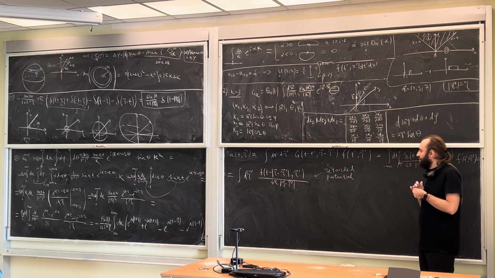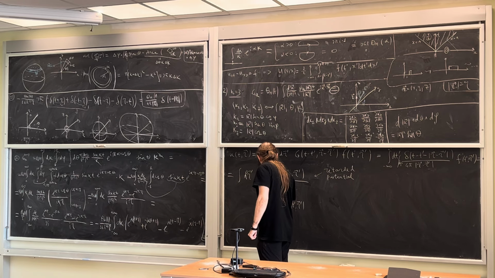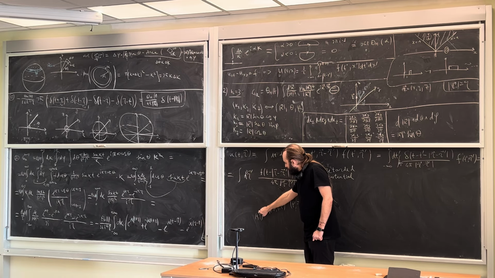So if something happens at point r prime, at time t prime, if something happens at this point, we need to compute the time it takes for this event to make some influence on our point t and r.